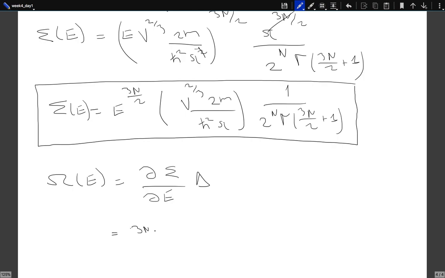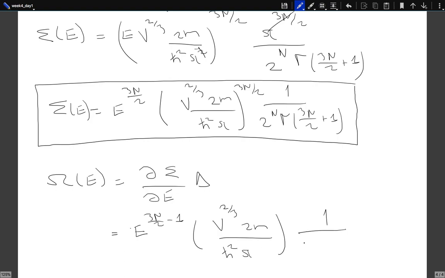So this is 3n over 2, E to the power 3n over 2 minus 1, V to the 2/3, 2m, here I have 3n over 2, divided by h bar squared pi, 1 over 2 to the n, gamma 3n over 2, times delta.